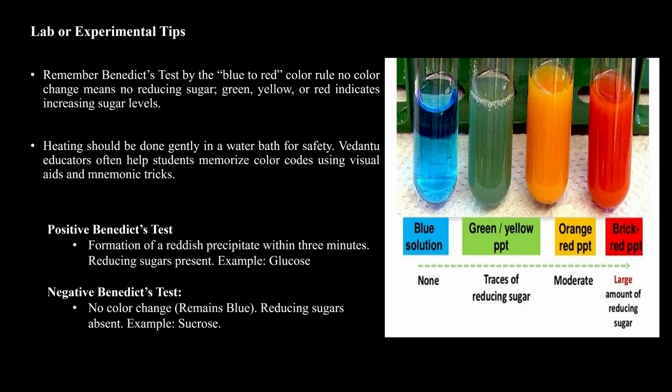In the lab experiment steps: blue means no reducing sugar; green or yellow precipitate indicates trace reducing sugar; orange red or brick red precipitate indicates a large amount of reducing sugar. The precipitate formation confirms reducing sugar is present, for example in glucose. According to Benedict's test, if there is no color change and it remains blue, reducing sugar is absent, for example sucrose.